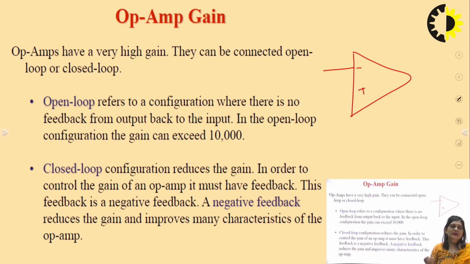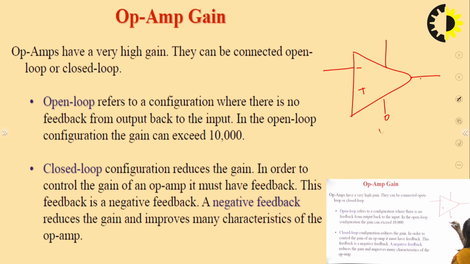If we apply a very small voltage, like 1 microvolt, the output will be in saturation. Since the gain is infinite, the output will be at maximum even for a minimum input, that is 1 microvolt.